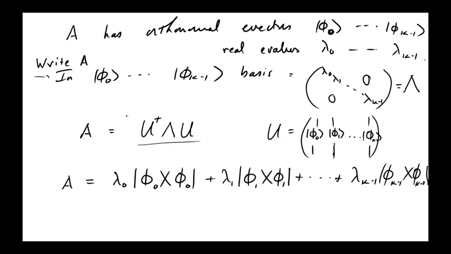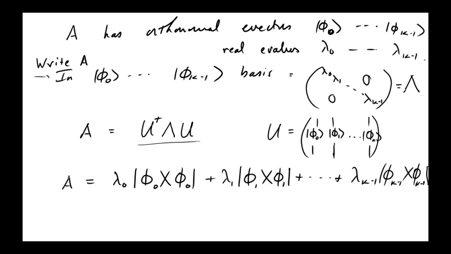Because the rows of U dagger are the phi j's, complex conjugated. And so when you multiply all this out, since these phi's are orthonormal, all you will get is the jth row with the jth column, multiplied by lambda j, and that's what these are. Or you could just check that when you multiply this times any phi j, you get lambda j times phi j.